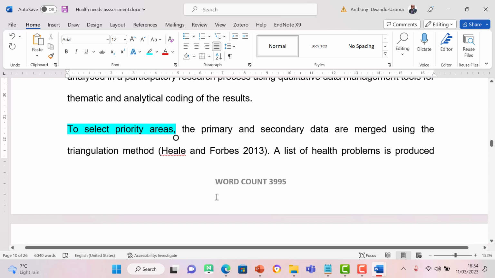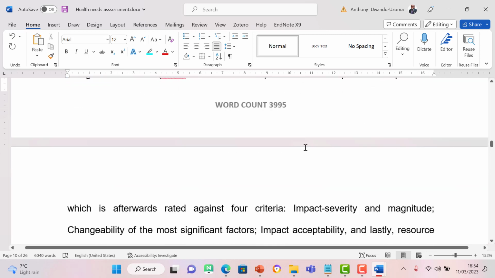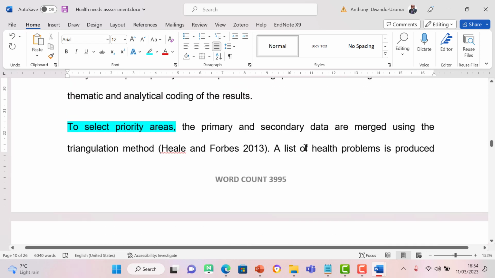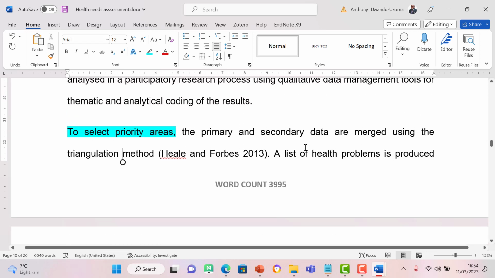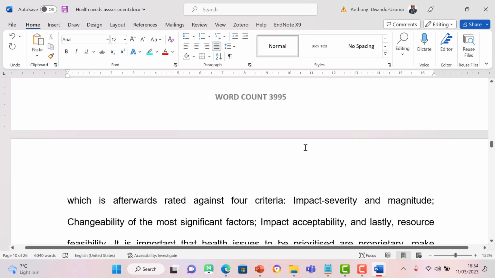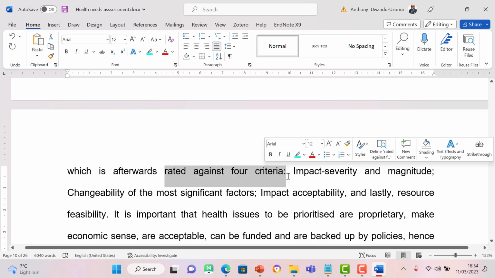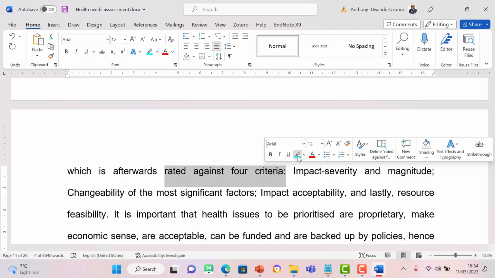After collecting both primary and secondary data, they are merged together using the triangulation method, and then the list of health problems is produced. On a normal day, I'm supposed to link it to an appendix, listing the major health issues identified in this section. And then rate them against four criteria. So these are the four criteria that were used.